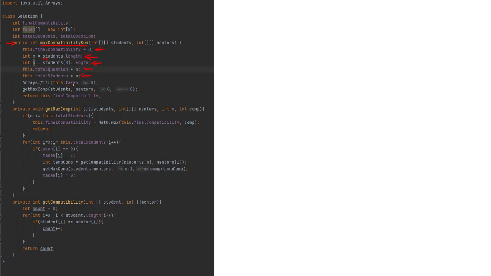We have this taken array, which takes into account all the mentors. It stores which mentor has been taken and which is still left. Initially all of it is 0, that is, no mentor has been taken. That is why we fill the taken array with 0, and then we use the get max count function.